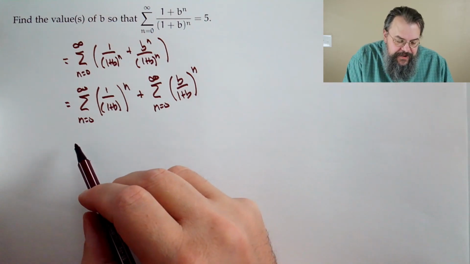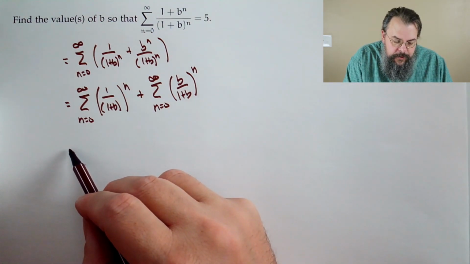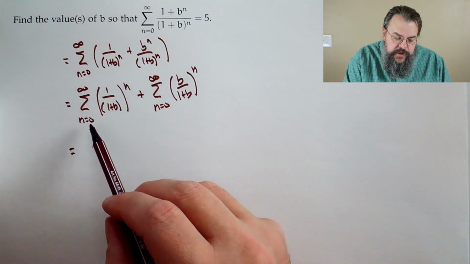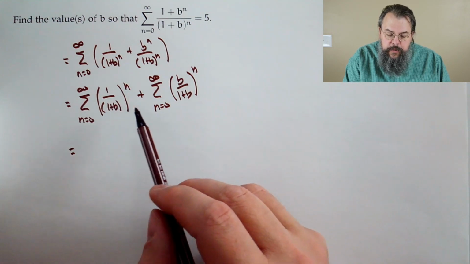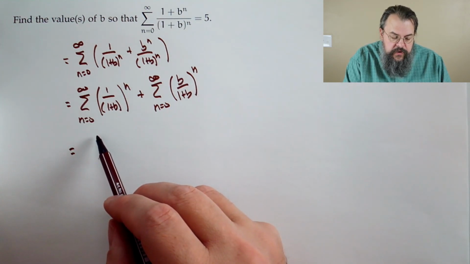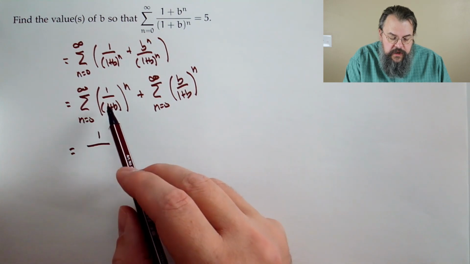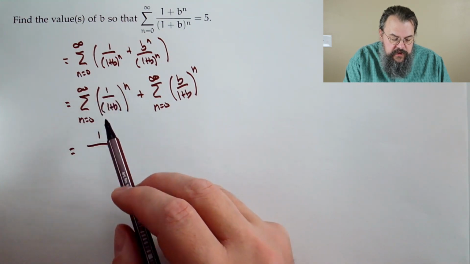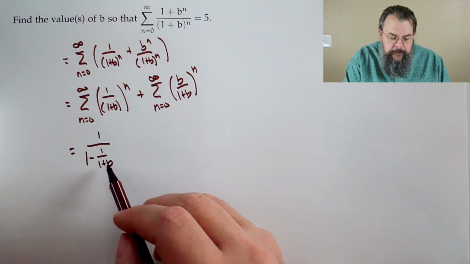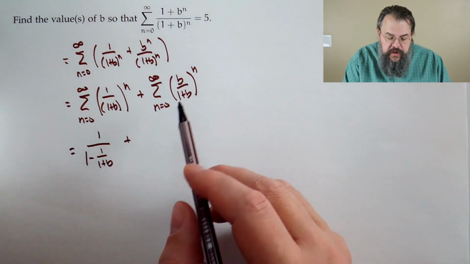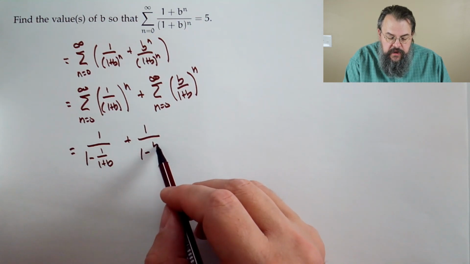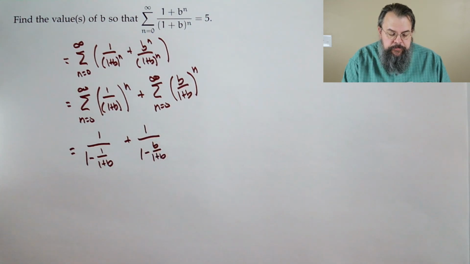Okay. So now we're like, hey, let's find these sums. The first term to the 0th power will always be 1. Anything to the 0th power we can take as 1. So we're going to get 1 over, see our ratio is what's inside the parenthesis, 1 minus 1 over 1 plus b. Plus, again, 0th power is 1 over 1 minus b over 1 plus b.